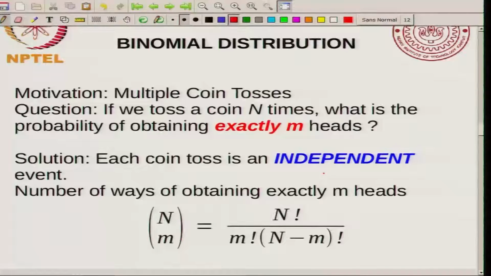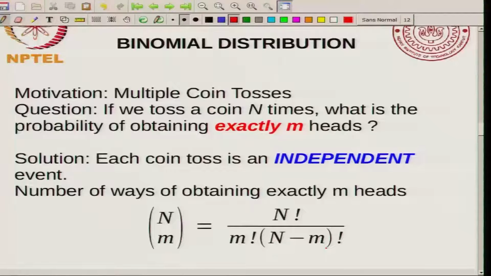Since each coin toss is completely independent, if I want to get exactly m heads, how many ways can I obtain it? That means out of my total n tosses, m of them have to be heads. So, I have to choose exactly m out of n which are going to be heads, and that is exactly n choose m, which is n factorial divided by m factorial times n minus m factorial.